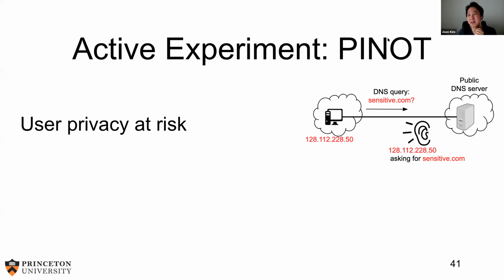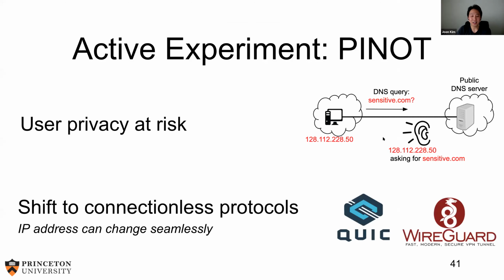PINOT is an active experiments program. So we identified two things here. User privacy is at risk because, for example, if you send a DNS query using a public DNS server, the adversary can actually hear that you're asking for that domain, right? We also identified a unique opportunity: modern protocols are shifting to connectionless protocols.